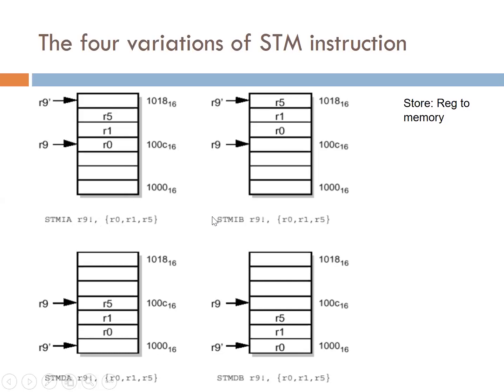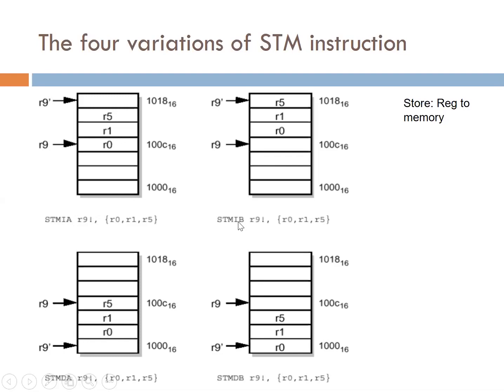Okay, now next we look into the next example, STMIB, Rn exclamatory mark followed with R0, R1, R5. What is the operation of this instruction? Store increment before. That means you have to first increment, then store.